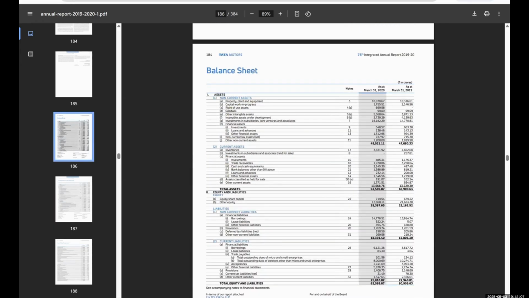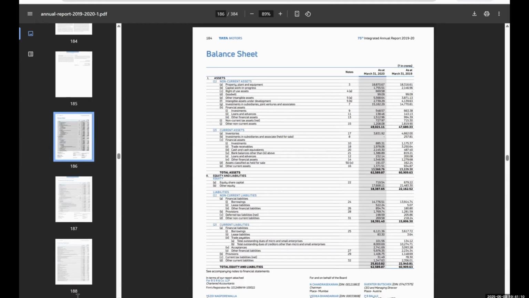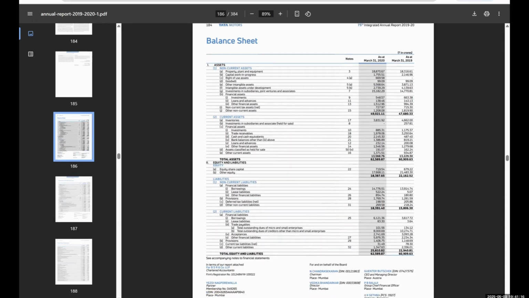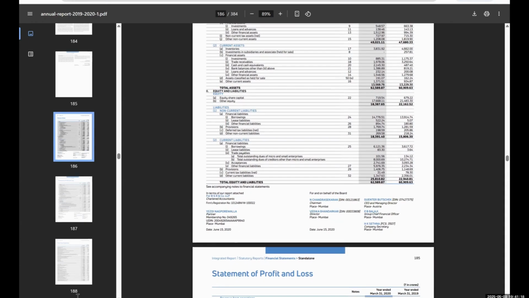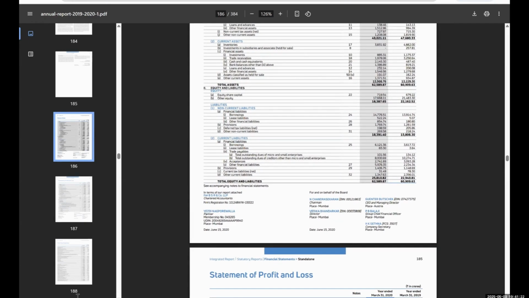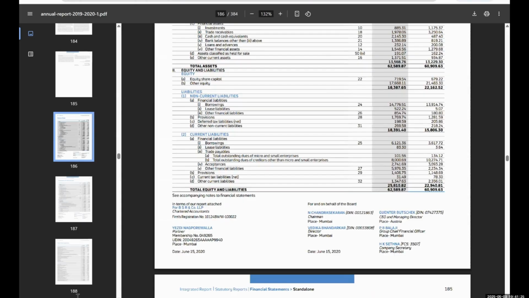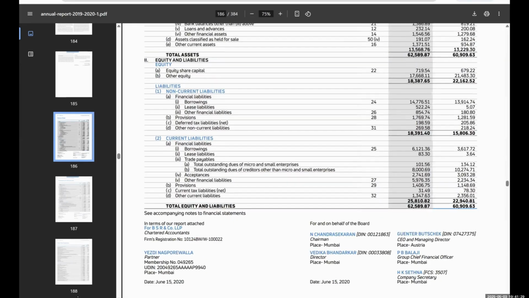In the balance sheet, what will you have? You have assets. You see the first one. What do assets mean? Properties. And next you have liabilities. You see this part, equity and liabilities. Now, what does a balance sheet consist of? Assets as well as liabilities.